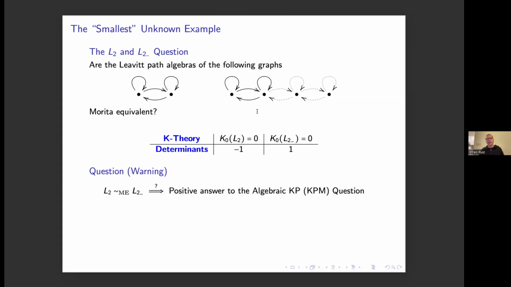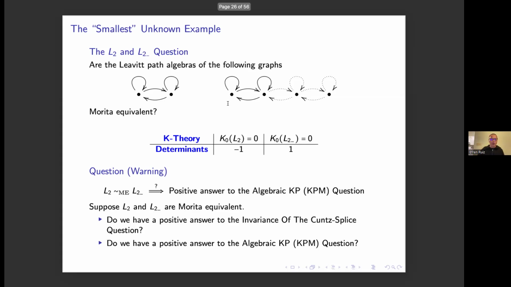Of course, if you prove that these are not Morita equivalent, then you'll get a negative answer for the algebraic Kirchberg-Phillips question. But at the moment, for those people who haven't been looking at these questions, it is open whether L2 and L2 minus being Morita equivalent implies a positive answer to the algebraic Kirchberg-Phillips question.